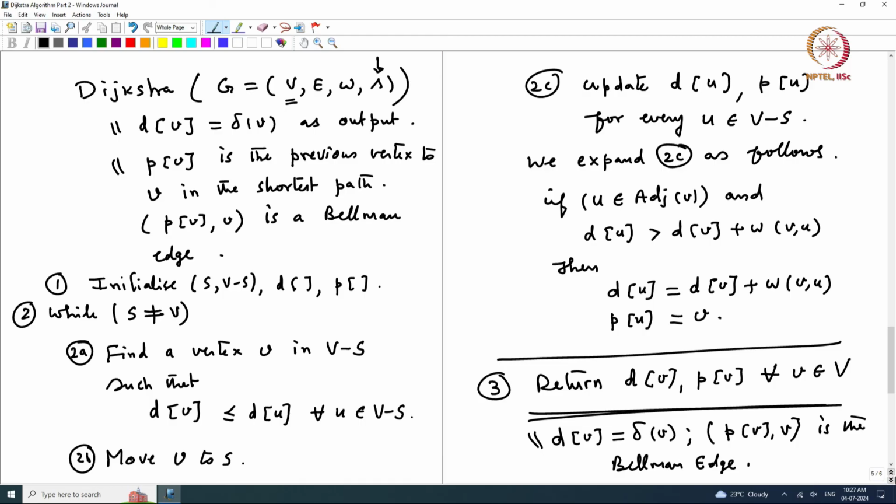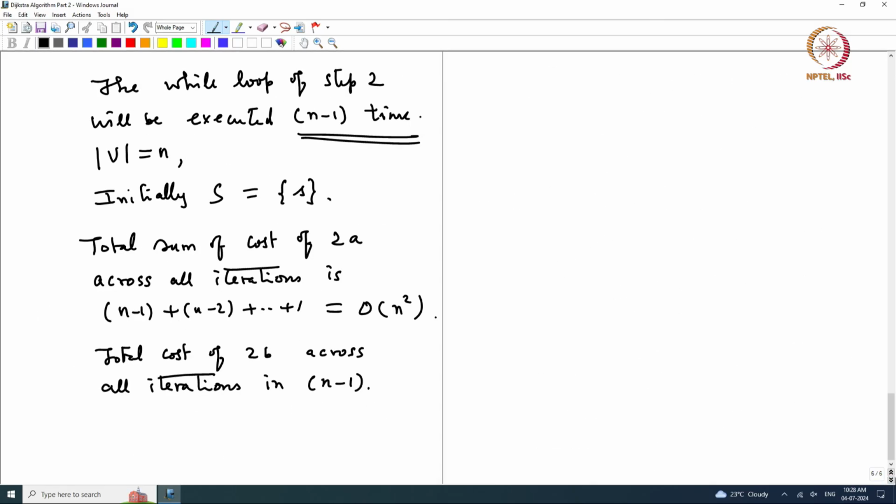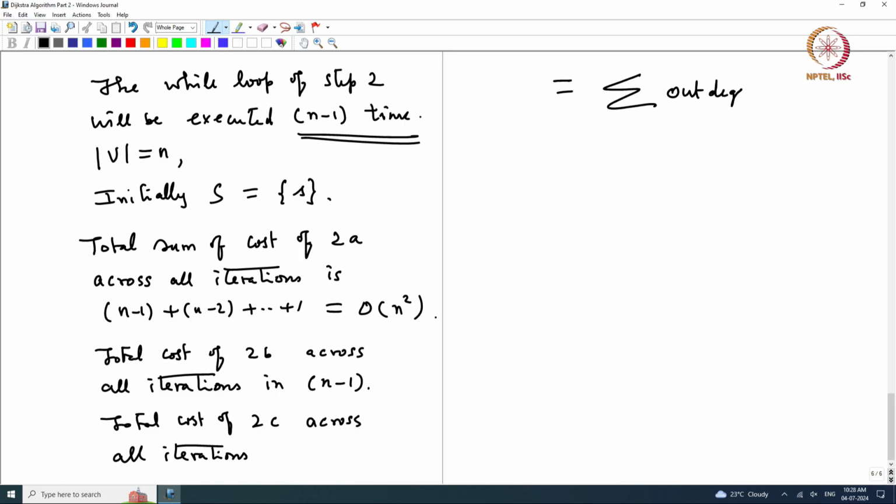What about 2c? In 2c you are doing work proportional to the out degree of v, okay. So, the total cost of 2c across all iterations is equal to the sum of out degree of v, for v belonging to V minus S. You know that the out degree sum is nothing but m, the total number of edges.